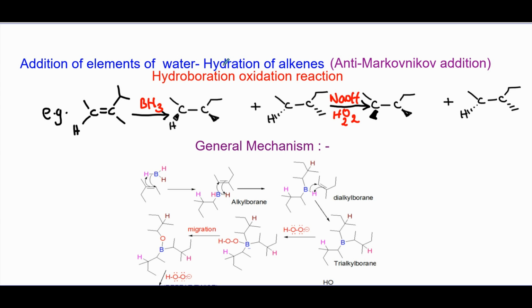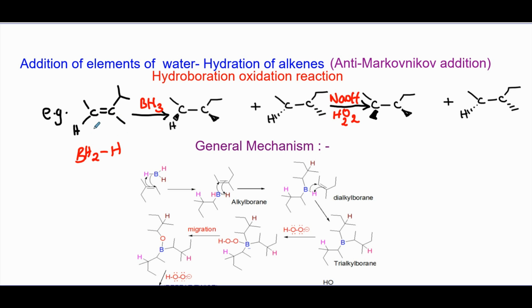But just to give you an idea of what's happening here, I just want you to picture this. The BH3, the borohydride added here, can be written as BH2 and a H. The BH2 is bigger than the H, so the BH2 should be added to the carbon that's least crowded, the carbon that's least substituted, and the H is added onto the sp2 carbon of the alkene that's most substituted.